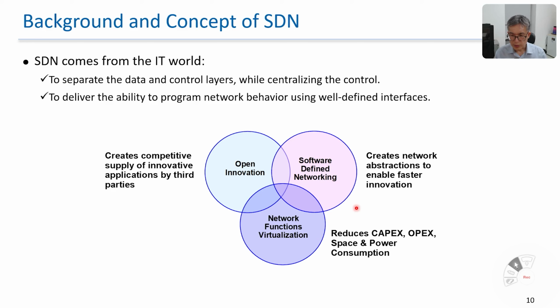So ETSI standardizes NFV for network virtualization of network systems, security systems, and so on. Their objective is to reduce CAPEX, capital expenditure, and OPEX, operational expenditure, and also space and power consumption can be reduced. So three trends are making a synergy nowadays.